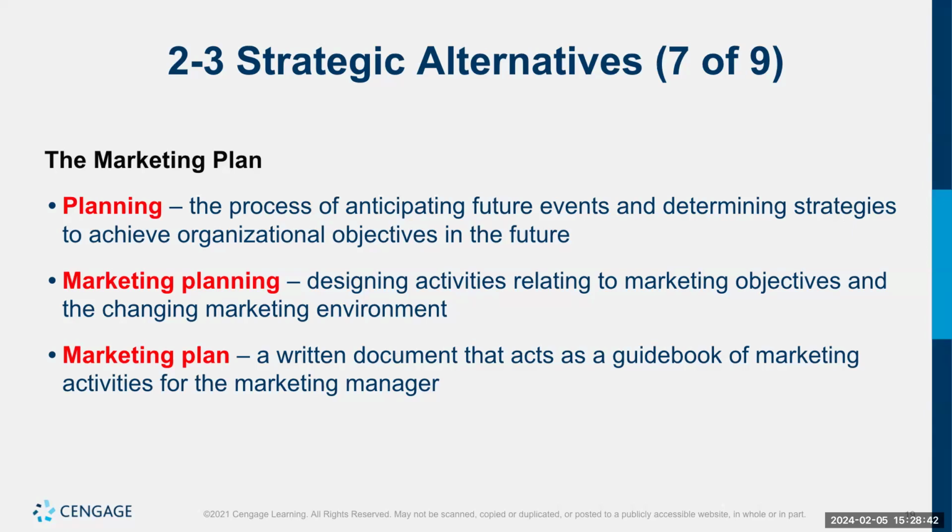This is a written document, and it is a comprehensive guidebook for marketing managers and marketing teams. And this is the bulk of what we're studying. We want to put everything together to come up with these marketing plans. So you're looking for strategic roadmaps, things that align with the organization's goals.